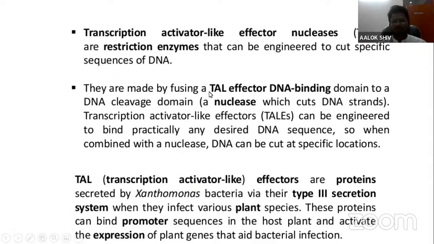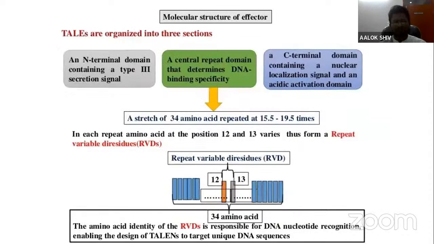They are made by fusing the TAL effector binding domain, as I've discussed earlier, which is going to identify the gene of interest. Basically, these TAL transcription activator-like effectors are proteins secreted by the Xanthomonas bacteria by their secretion system, and they help to activate the expression of plant genes that aid in the bacterial infection.